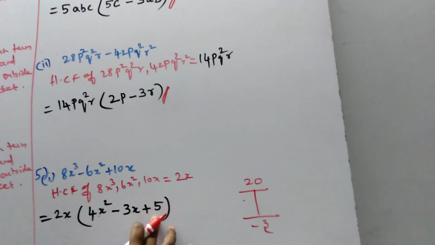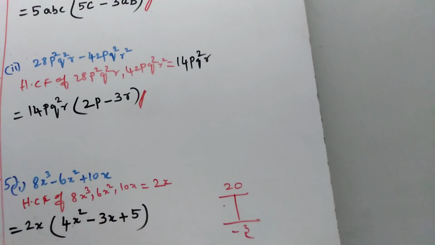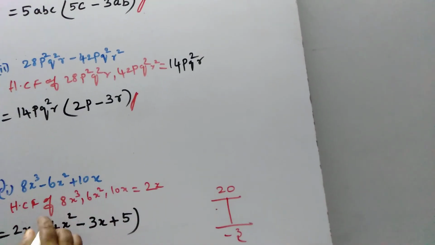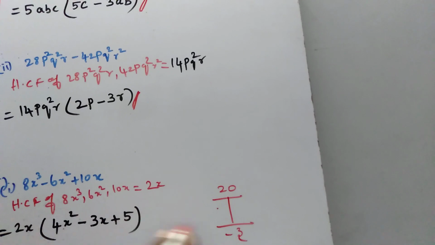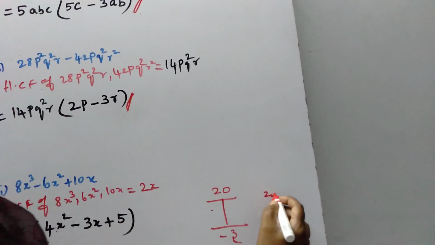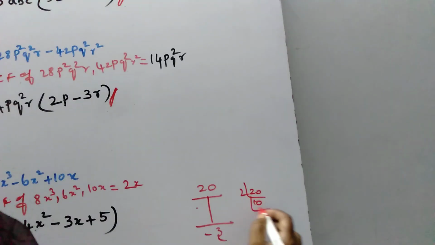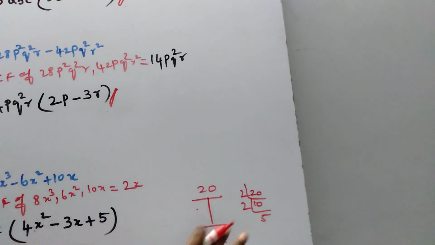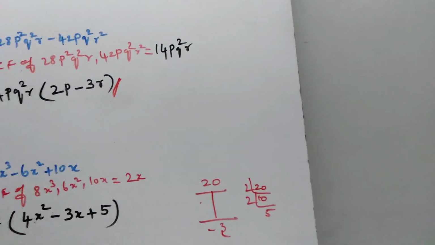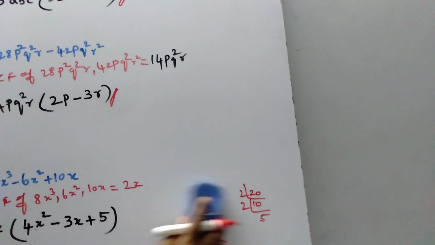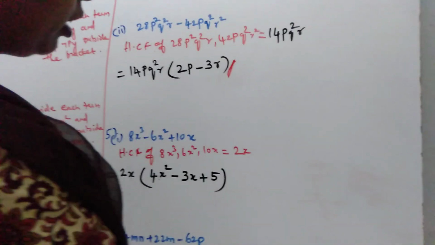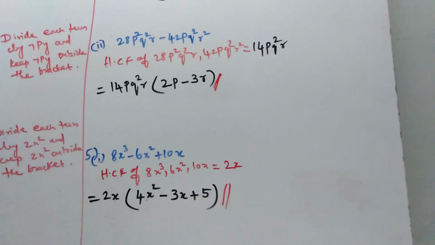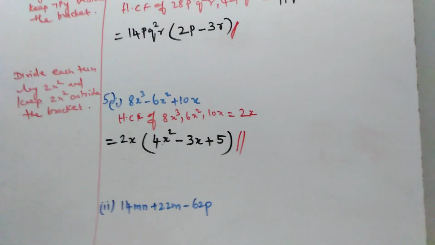If it is a quadratic form, there is a possibility to factorize again, so I am checking here. 5 fours are 20, here minus 3. So no possibility. We cannot proceed further. So this itself is the solution for this particular question.